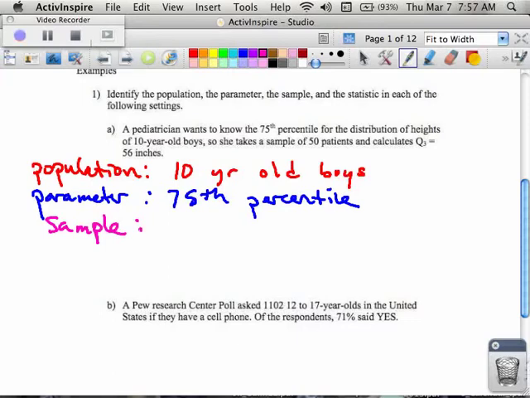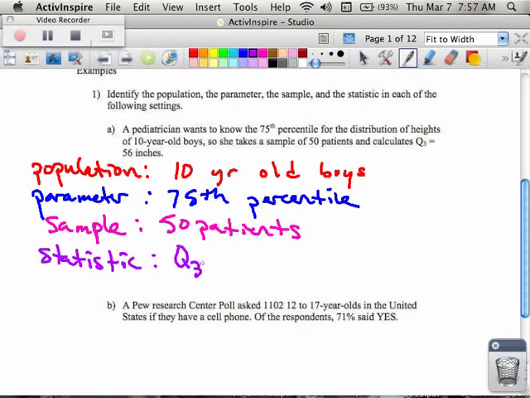What was that? 50 patients. And then the last thing was the statistic. Yep, that Q3 was equal to 56 inches.